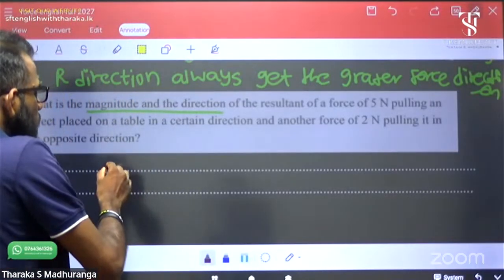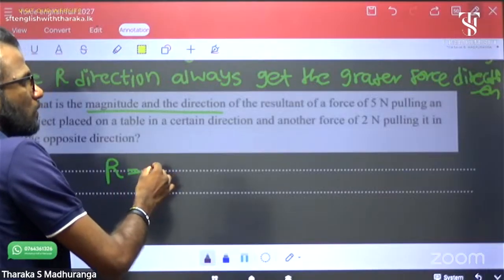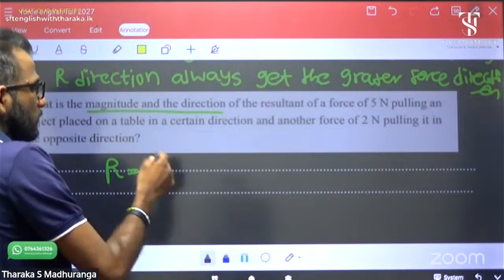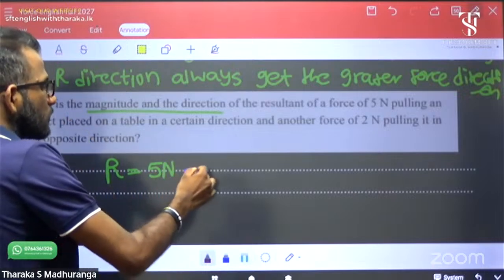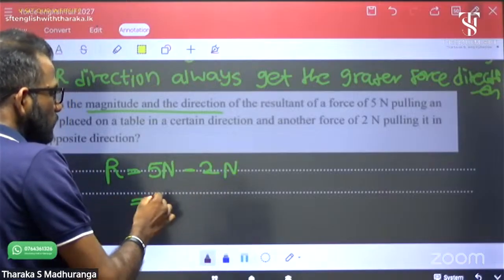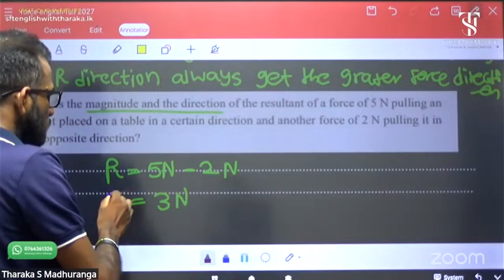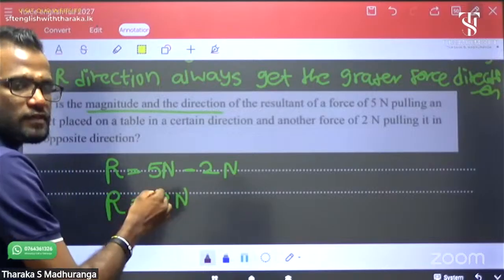Now, how to calculate the resultant force? The resultant force equals 5, the greater force, minus 2 Newton. Then you get the resultant force value 3 Newton. The magnitude of the resultant force is 3 Newton.